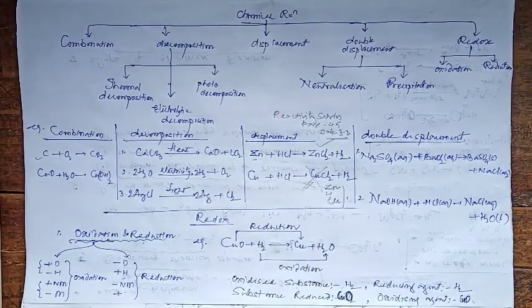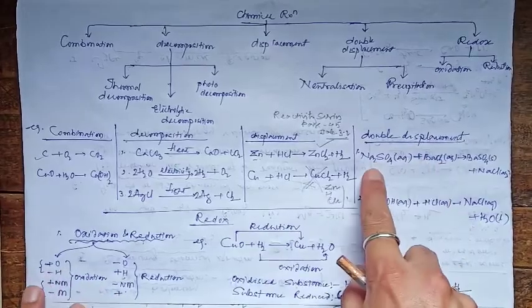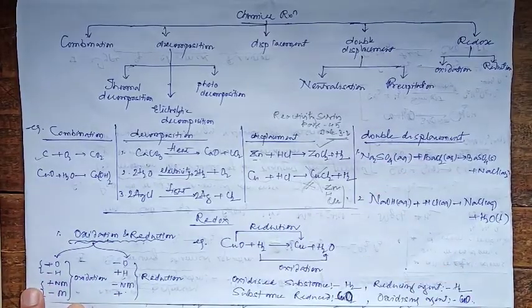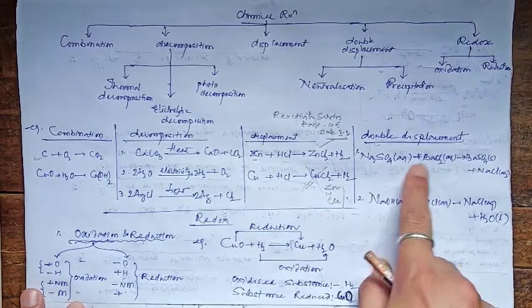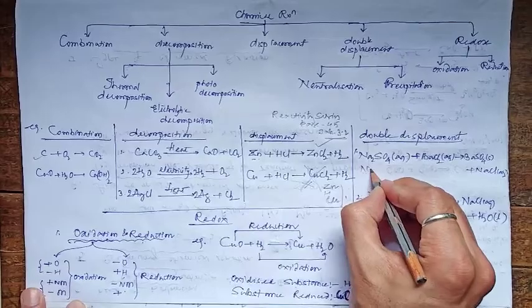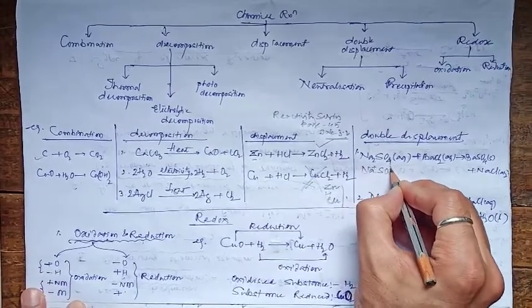Remember one thing: for a double displacement reaction to occur, we need the reactants in their aqueous form. That means our reactants should be aqueous solutions. So when we mix the aqueous solutions, there will be an exchange of ions. In sodium sulfate, we have two ions, a sodium ion and a sulfate ion.